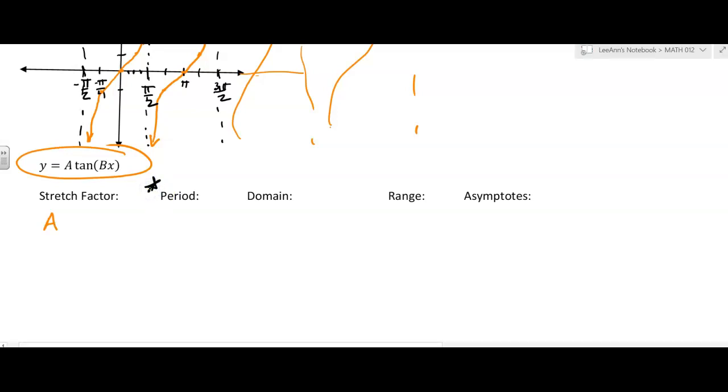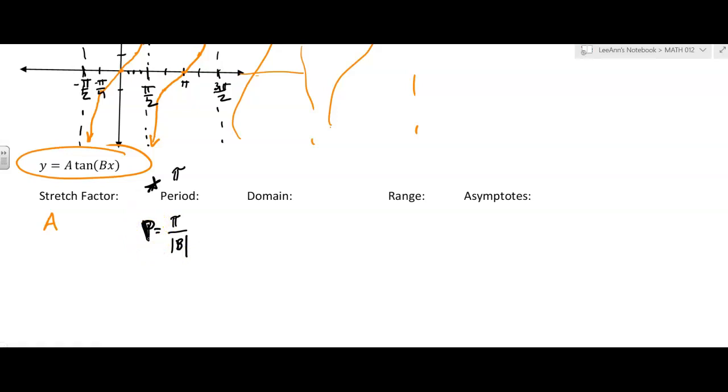We talked about this at another point, but the normal period for tangent is pi. And so when you're trying to find the period, you're going to take pi over the absolute value of b. Okay? So just remember that's how you find the period. Tangent is different than sine and cosine because the period's different.